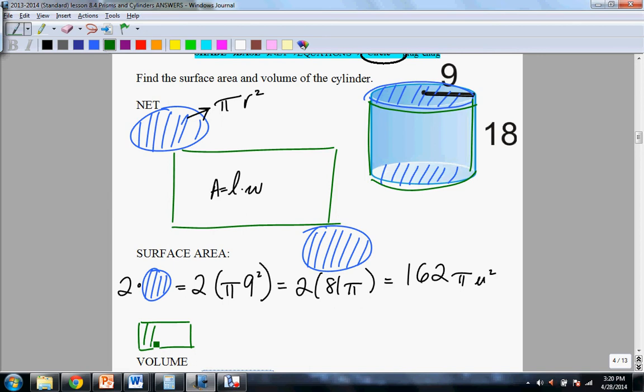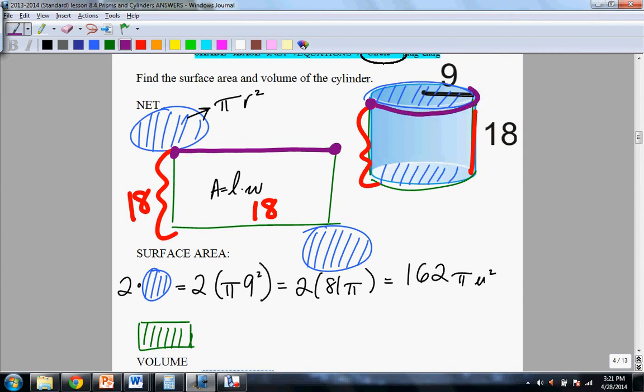Now I have one rectangle, length times width. My width here technically is my height. Can you see that? That's going to be 18. Now the length is a little trickier. This length, if I take here and I wrap it back around, all the way around, very important, you need to see that this length here is actually the circumference of the can, which is d pi.